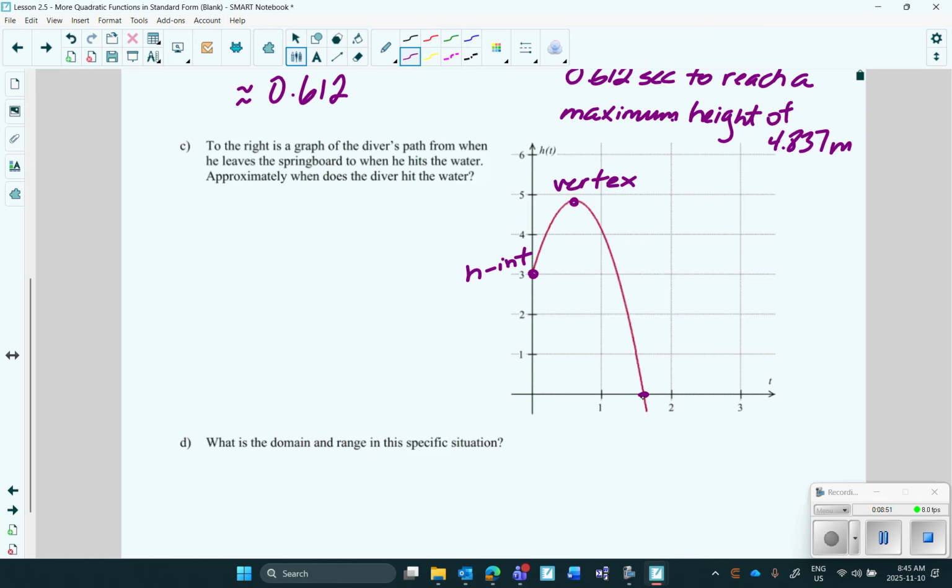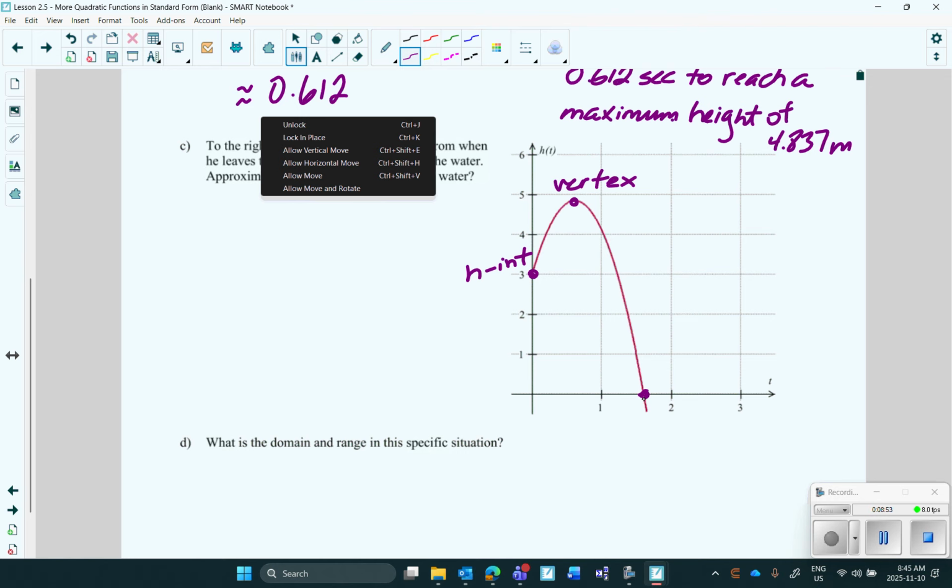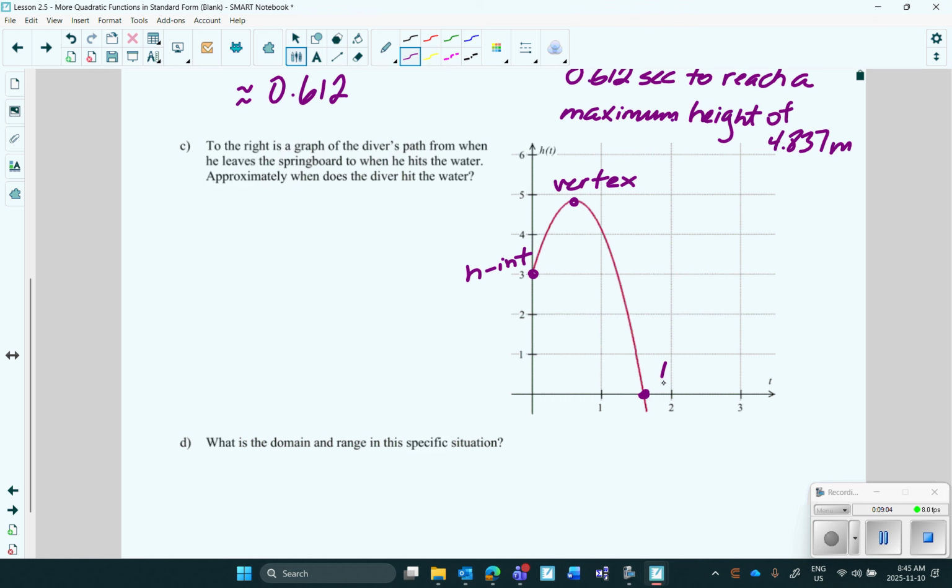This is another interesting point that we're going to talk about in the next unit. But for now, we're going to estimate it because this would be the x-intercept, or the t-intercept in this case, because we replaced x with t.